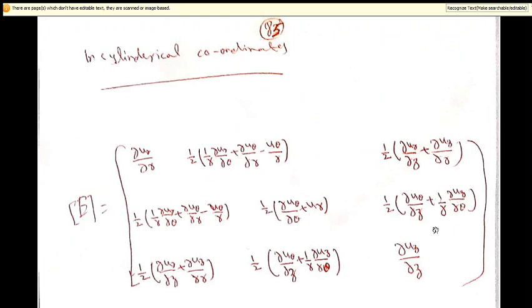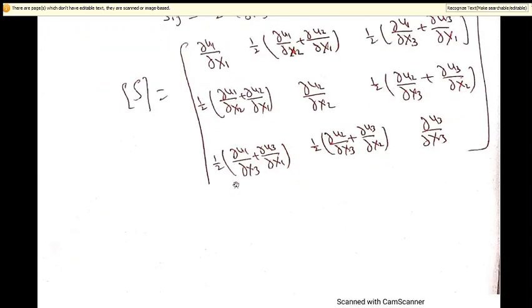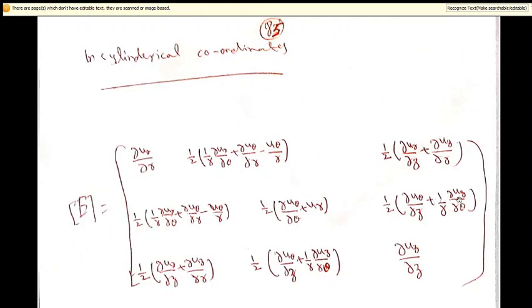In cylindrical coordinates, these components can be written like this. Now you have to obtain this matrix for cylindrical coordinates.